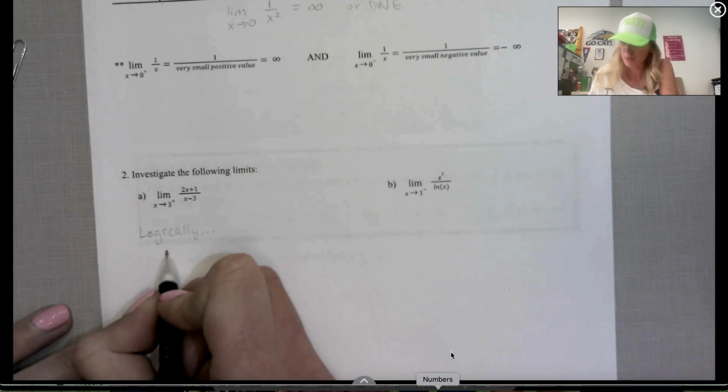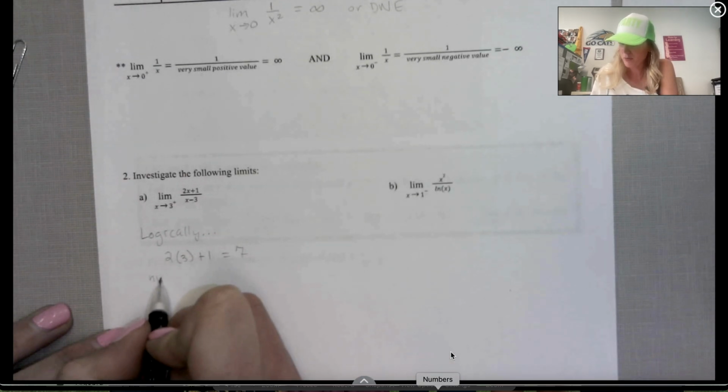If I substitute 3 for x into the numerator, I get 7. So the numerator approaches 7.